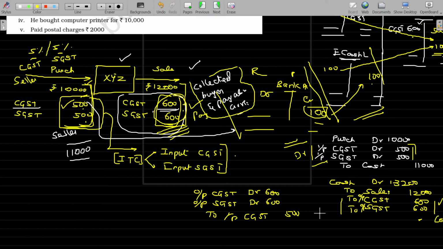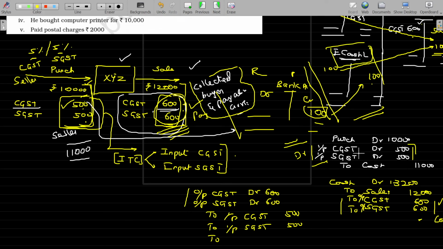So finally, I am neutralizing the payables as well as the receivables. These are the payables, these are the receivables. So I am adjusting the receivables with the payables. So input GST, 500 rupees. The difference will now be settled through which account? Electronic cash ledger.